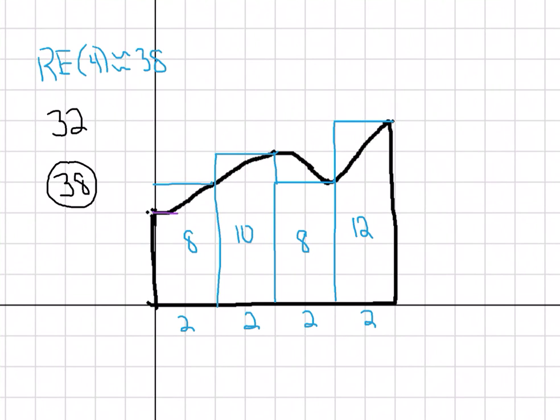If I go 1, and then 2, and then 3, and then 4, and I do all this all the way down, 5, 6, 7, 8, then I'm going to get closer and closer to the actual area.